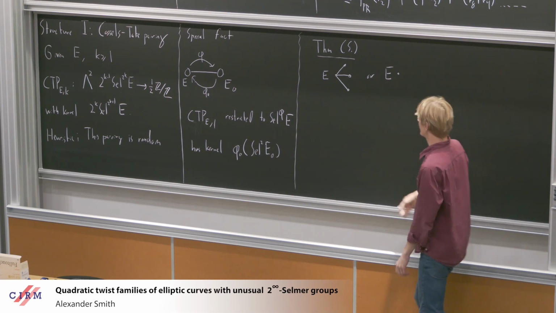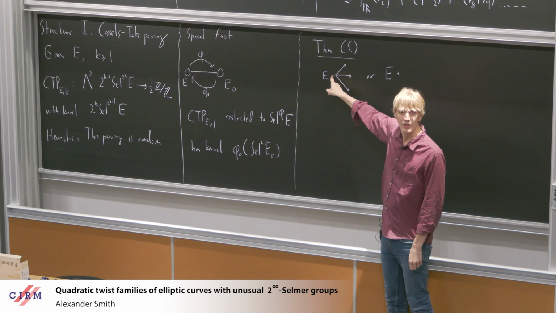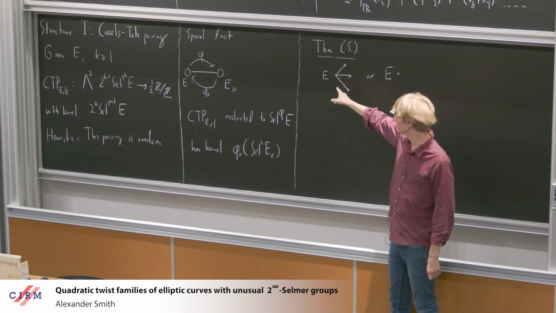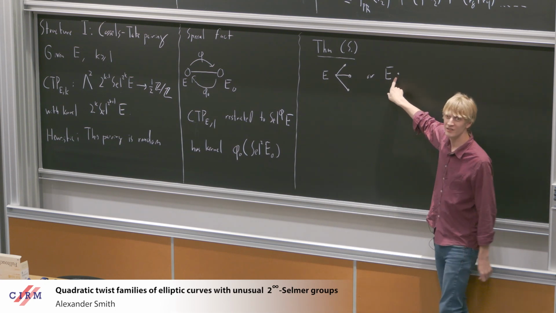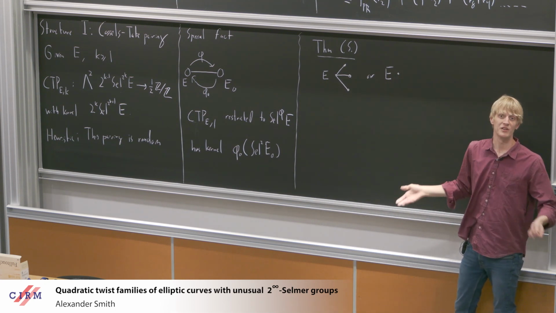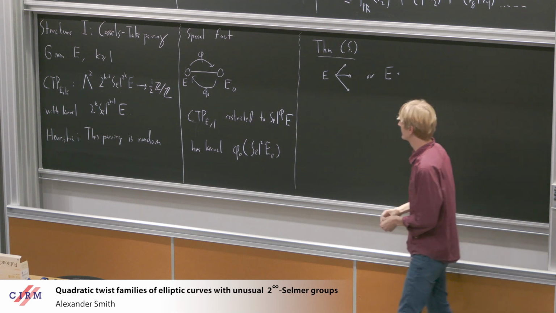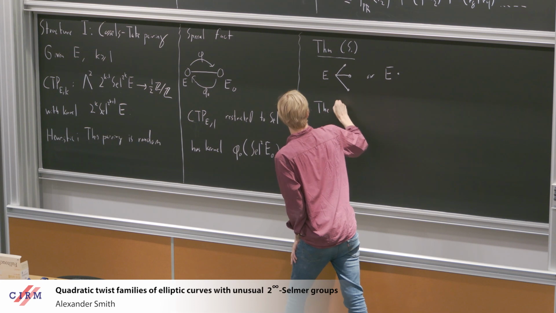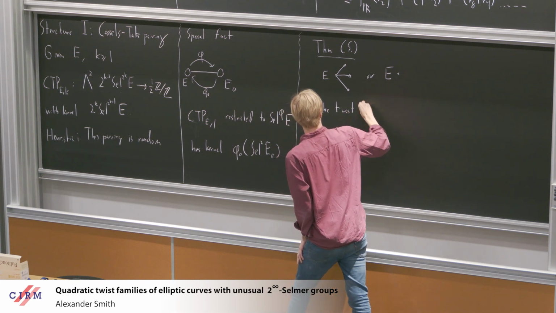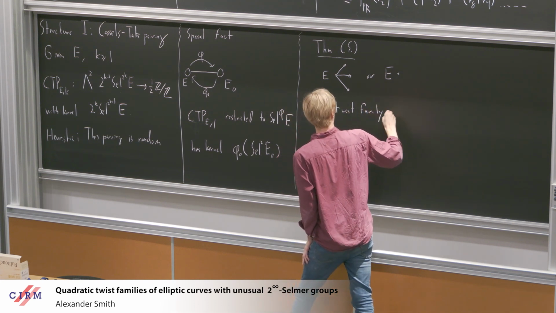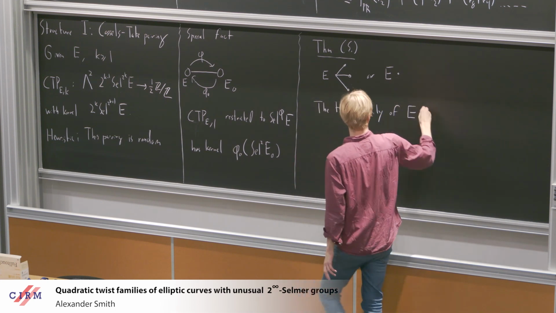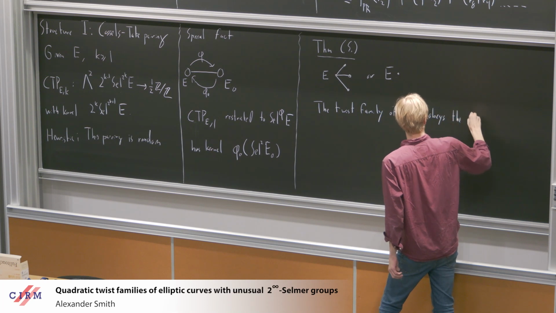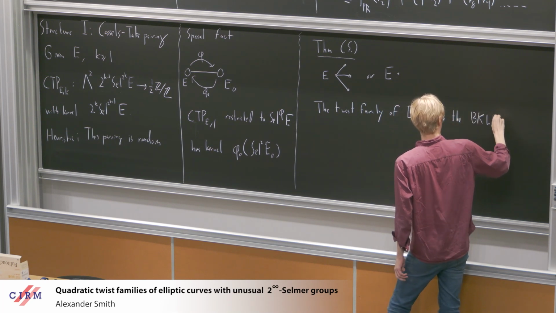So in this case, we have full rational 2-torsion, but none of the elliptic curves isogenous to E have full rational 2-torsion. That's one case. In the other case, we have an elliptic curve with no rational 2-torsion at all. Okay, then in either of these cases, the twist family of E obeys the BKLPR philosophy.